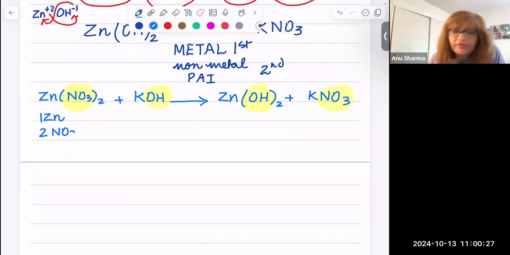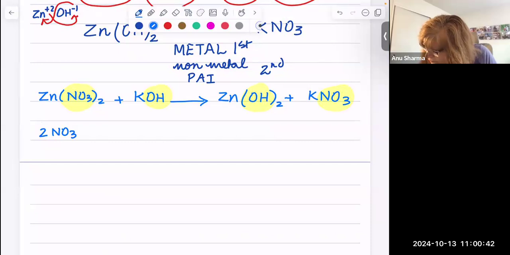Does anybody think that there are three nitrates? I see that question a lot. No, right? So there is one zinc and two nitrates, one potassium and one OH, right?